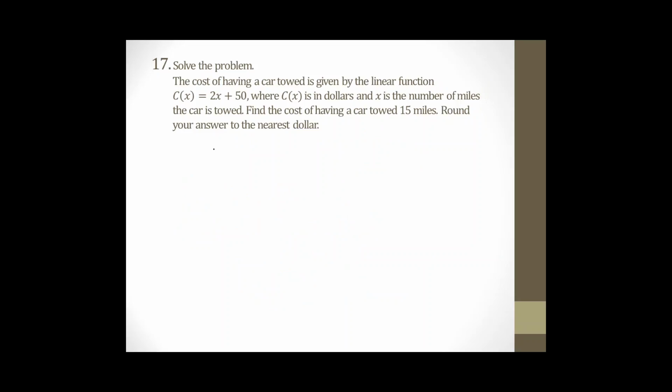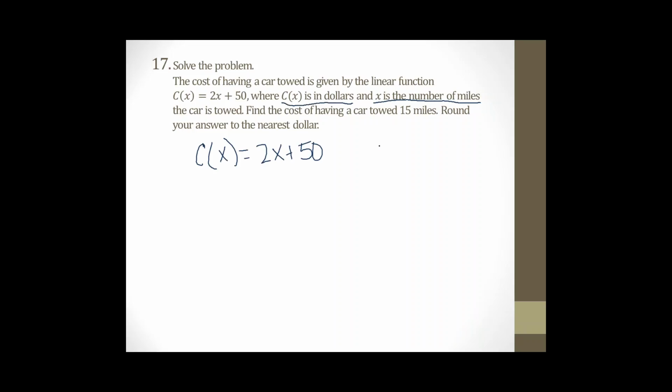So this one's nice because it gives us the equation that models the situation. So it's c of x equals 2x plus 50. And they tell us that x is the number of miles and c is the amount in dollars.